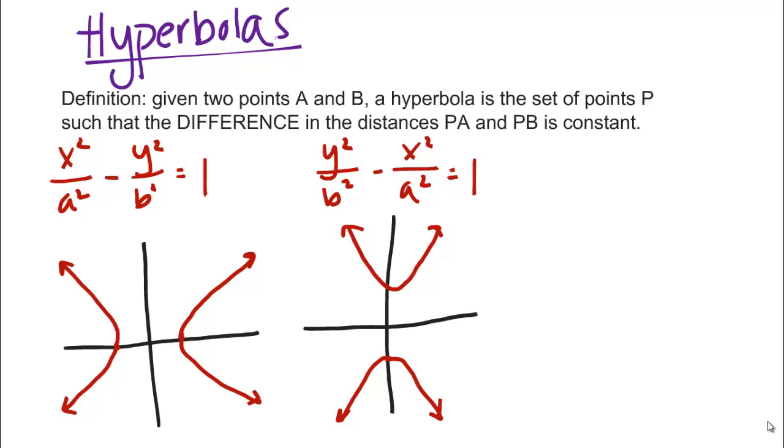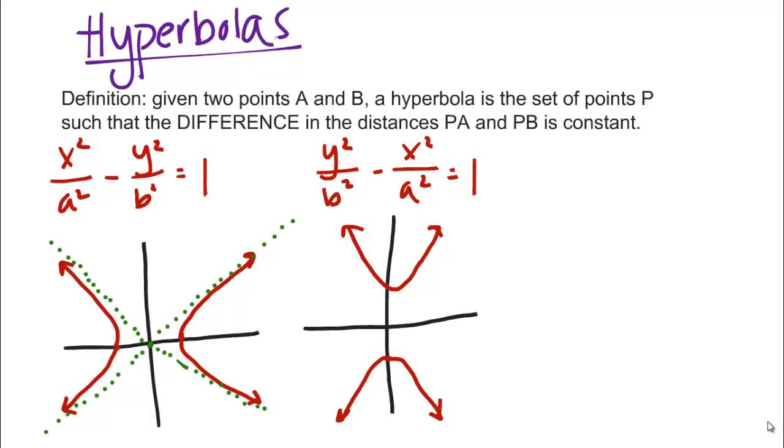The other added part of a hyperbola is that, because we've sliced through a cone, the ends of the hyperbola are approaching linear functions. What that means is we actually have 2 asymptotes in every hyperbola. Here's one, here's the other. You might accidentally think the branches of a hyperbola look like parabolas, but they're actually not.